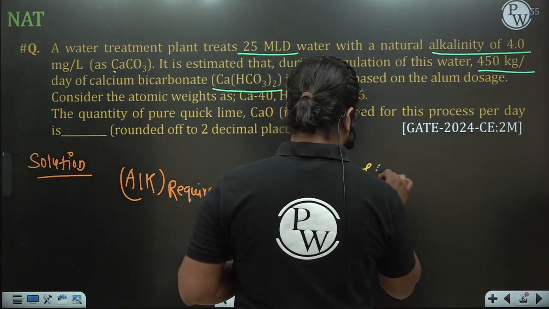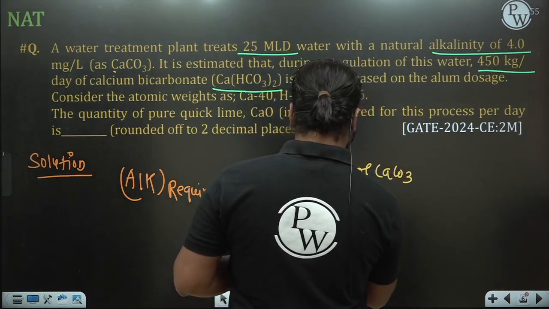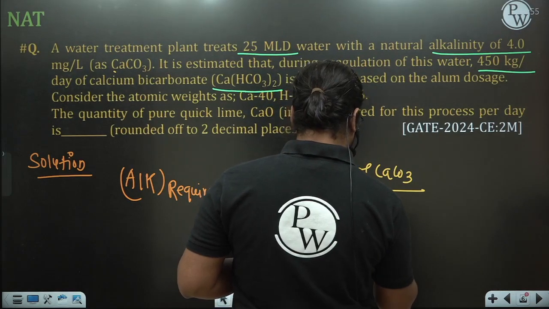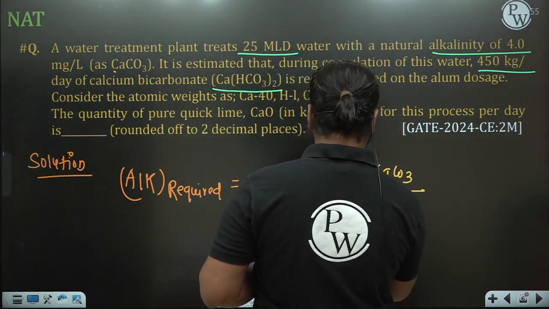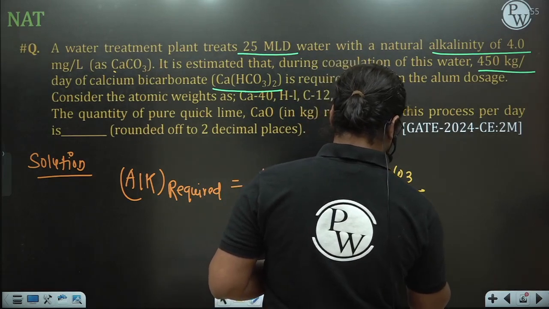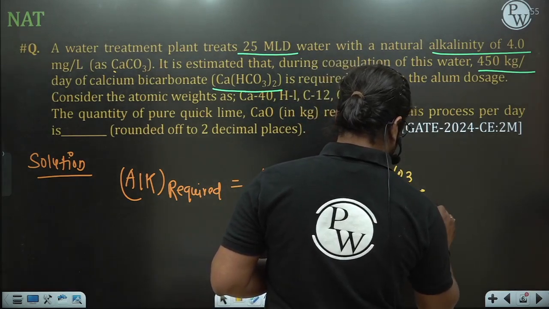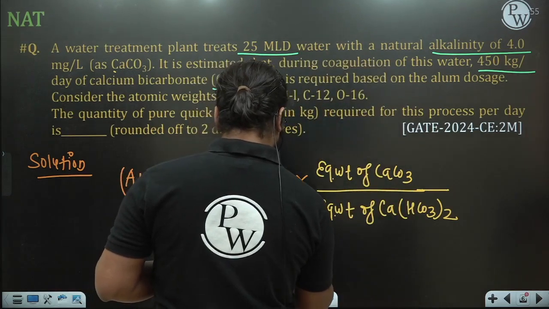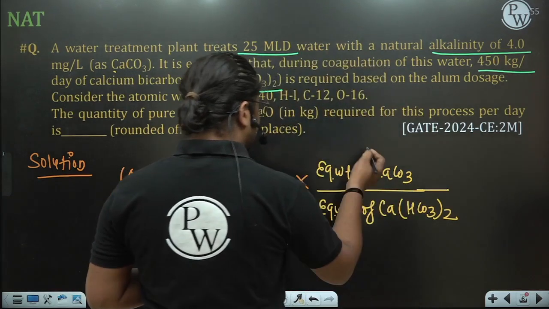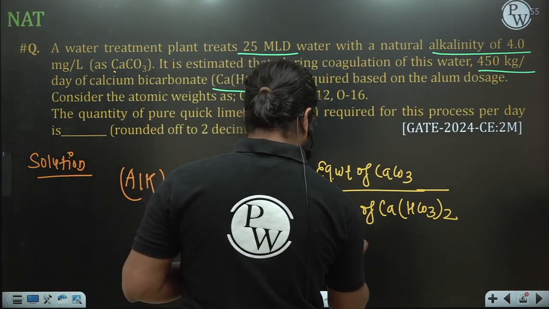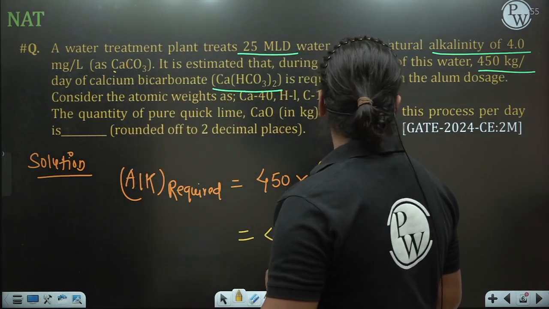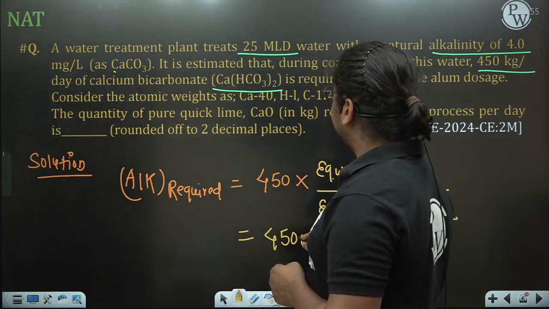Or if you want, you can write it also: equivalent weight of calcium carbonate divided by equivalent weight of calcium bicarbonate. So we got 450 into equivalent weight 50, divided by calcium bicarbonate weight, which we need to calculate.